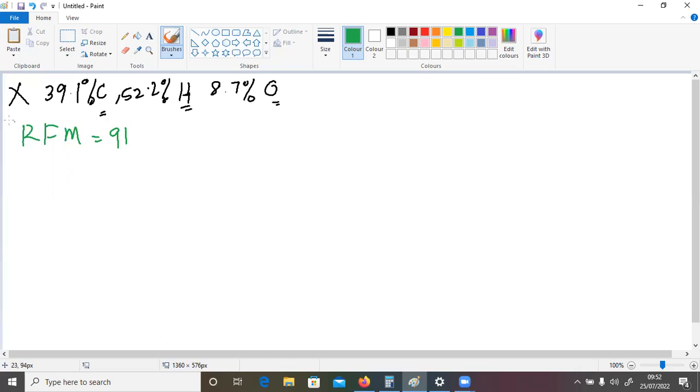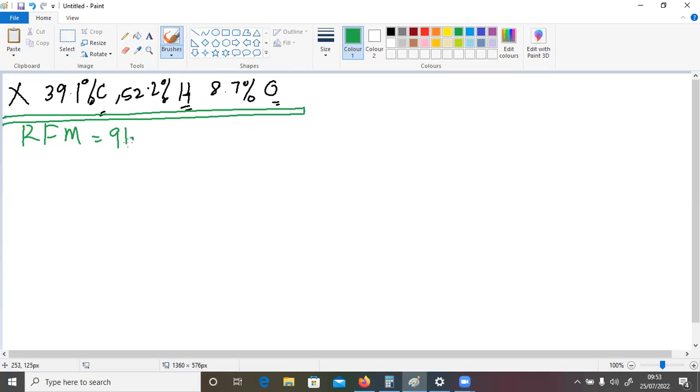Okay, so we have a compound which contains these percentage compositions. How best do we approach this one? If we know the percentage compositions and we have the formula mass, we can identify how much of each of these elements is in it.